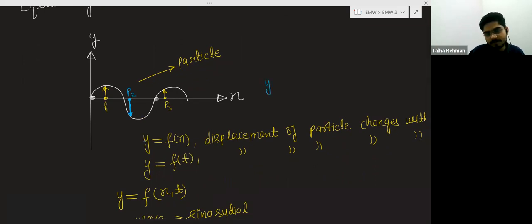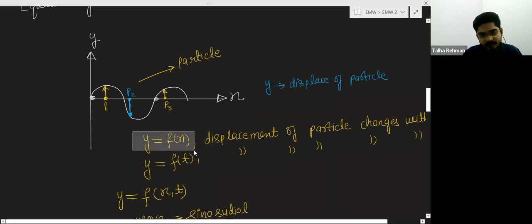The displacement of the particle is a function of x, and also a function of time, because the particle is oscillating about the mean position. At different locations the particle will have different displacement.